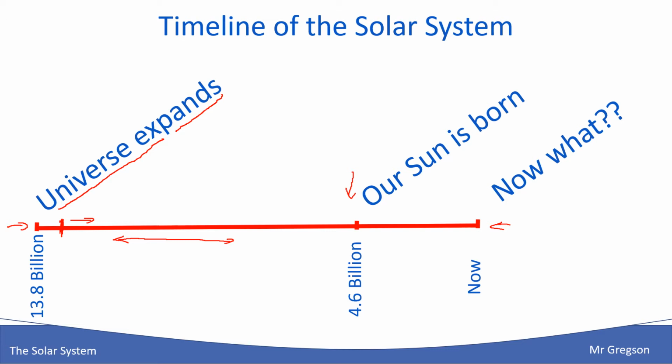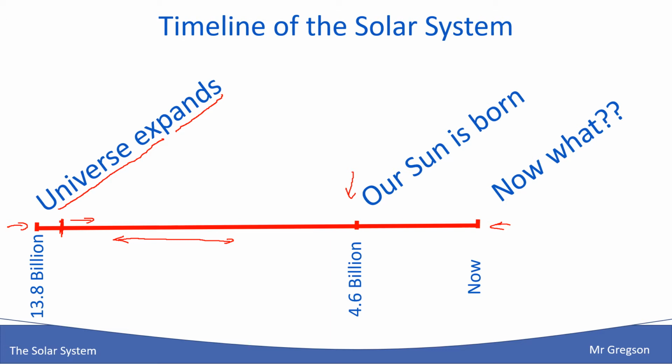Suns would be born very quickly, they'd be really hot, and they would burn very, very brightly, very quickly, and then run out of energy and collapse, wiping out any planets. And that cycle just happened over and over and over again. So it's quite likely all the particles that make up us have been particles from other planets and other suns in the past. So what happened 4.6 billion years ago?